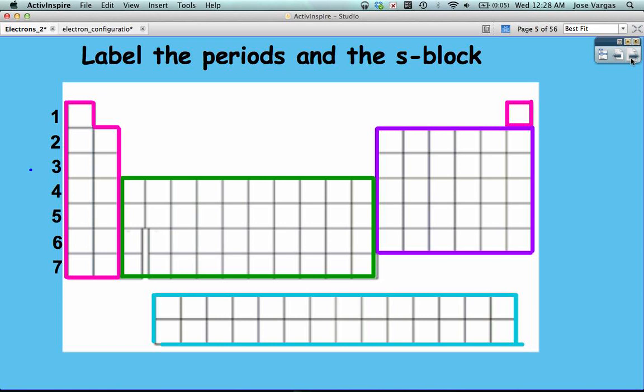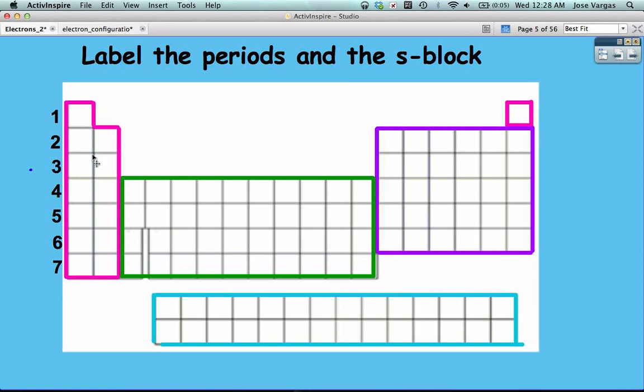What I want you to do now is take your colored pencils or pens or markers, and we're going to see how all these trends look in the periodic table. So label, it doesn't matter the colors, but this section over here along with this one belong to the same block.